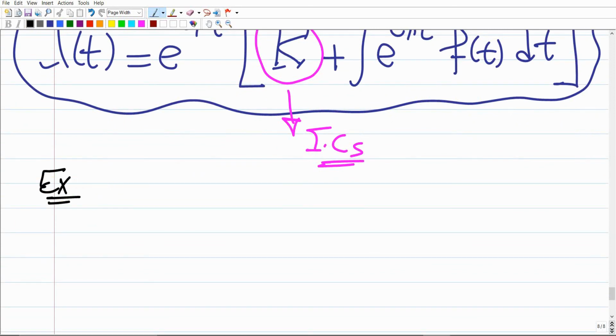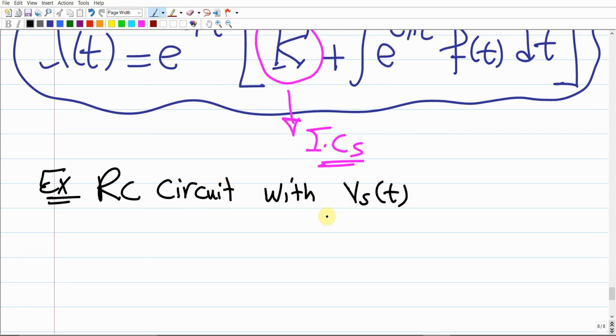Assume that we do have an RC electric circuit with Vs of t equals 10t. So simply the Vs, which is the voltage source, is a function of time, right?